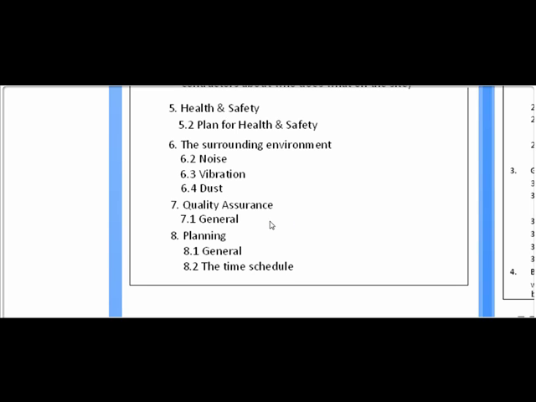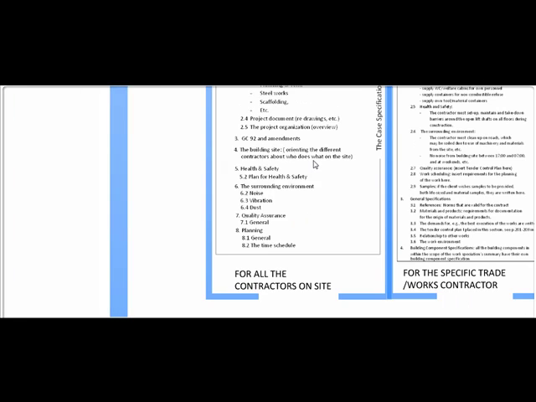There's something about quality assurance, and there's something about when they should take part in planning and scheduling. So this is all about orientating the different contractors on the project about the project itself.